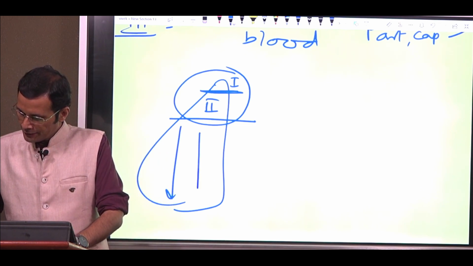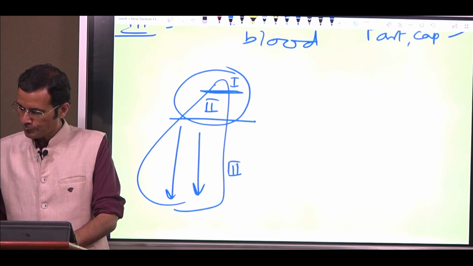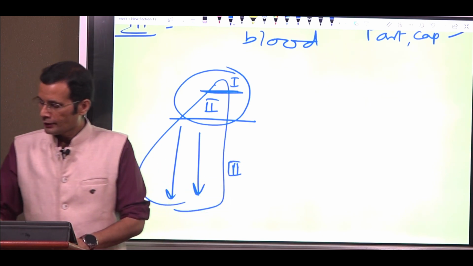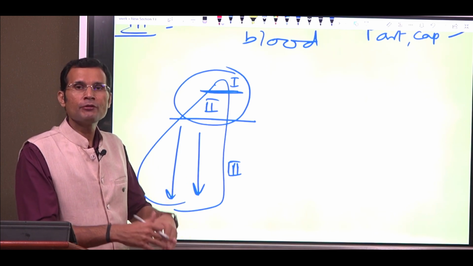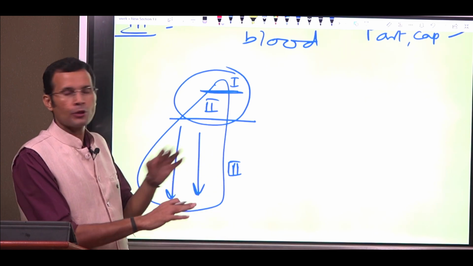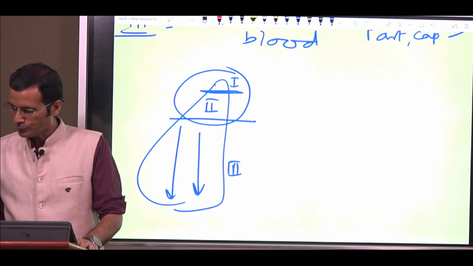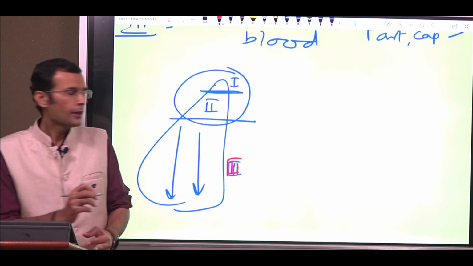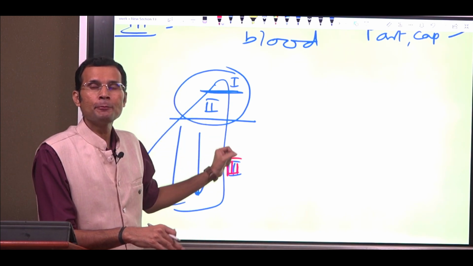And then the entire lung otherwise has zone 3 type of blood flow, right? Because we have already said that toward the base, the pressure in the vessels is much higher, therefore alveoli cannot compress those vessels, and zone 3 means continuous blood flow. Okay, so this is in the upright posture.